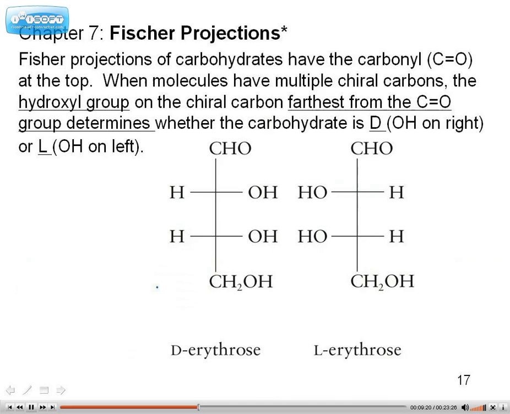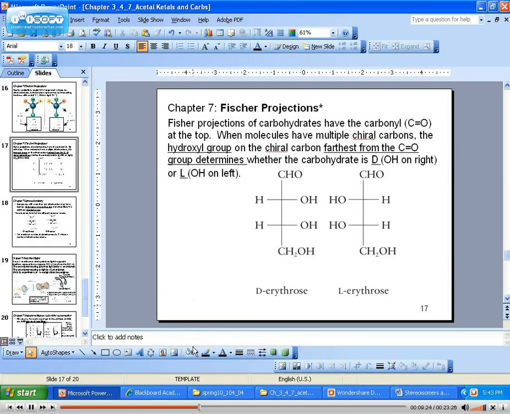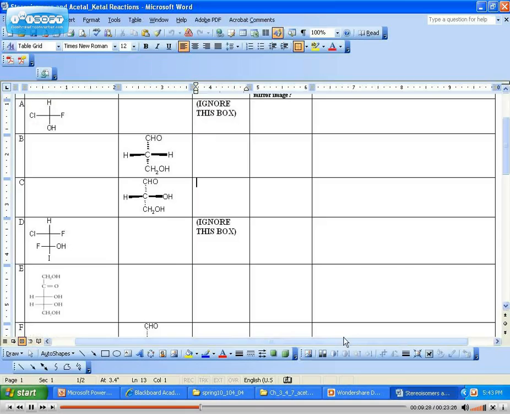So let's go ahead and go straight to our handout. I want to point out on this one right here, on D, I would roughly classify this as an organic molecule, but it would not be a biomolecule. Notice it has chlorine on there.